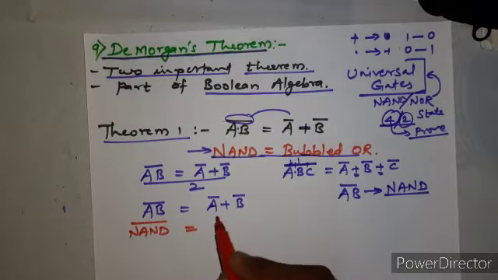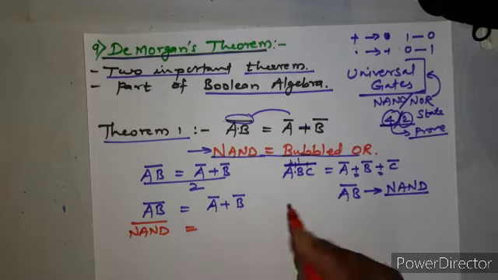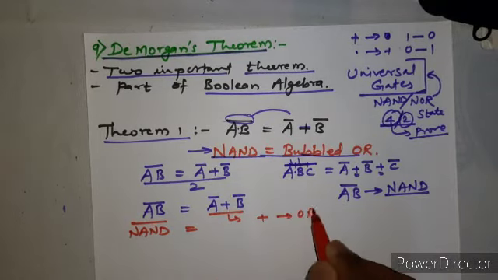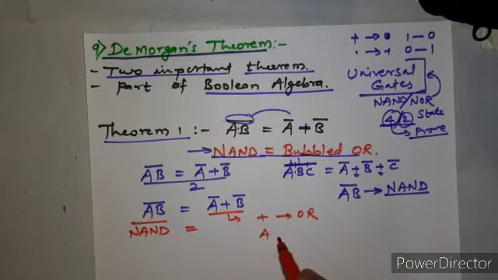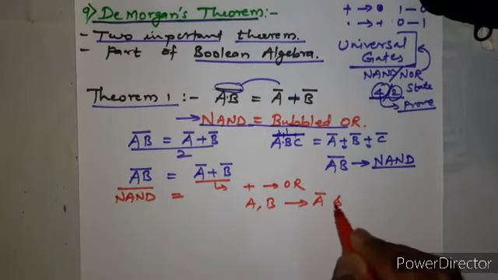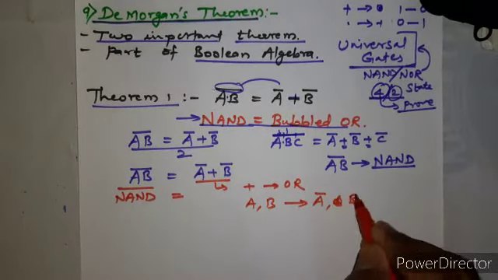Now in this equation the plus means it is OR, and these two are inputs. But if you see, they are not simply A and B, they are A bar and B bar.